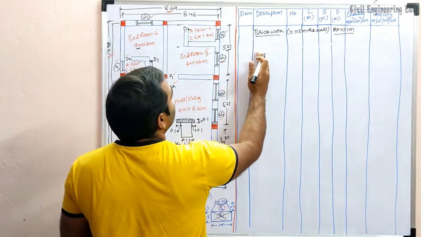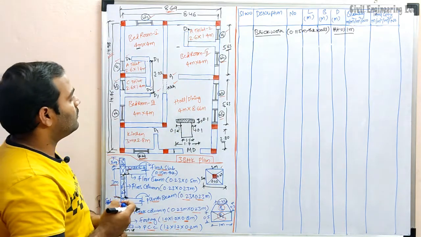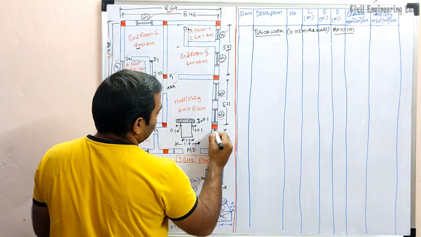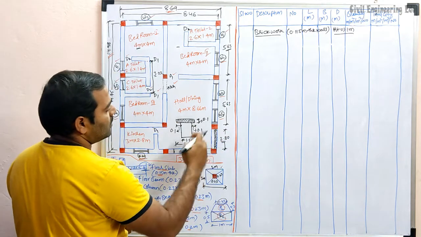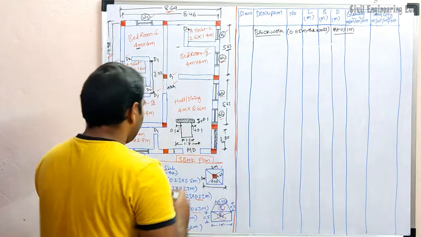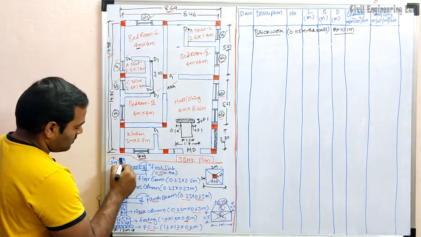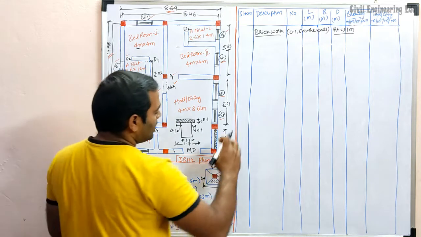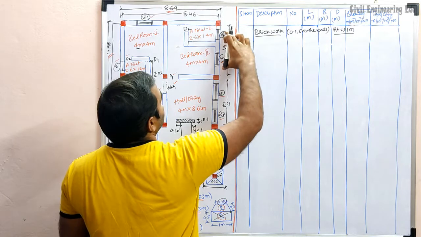Now in case of parapet level, this plan is completely of ground floor. Here at parapet level it comes like this over this beam. So over the slab and beam, here you can see it comes like this. So now what I will do, I will take the length between these two columns and these two columns.